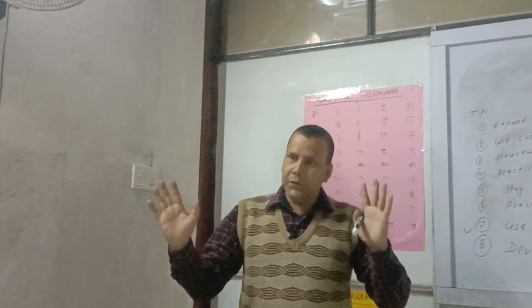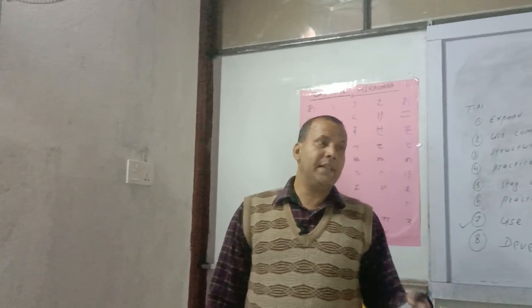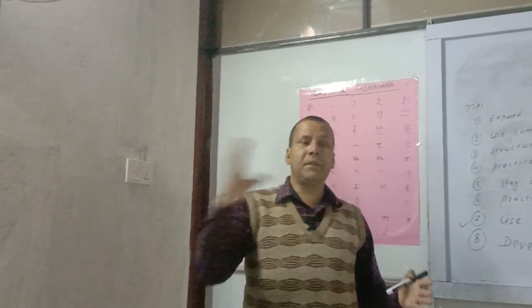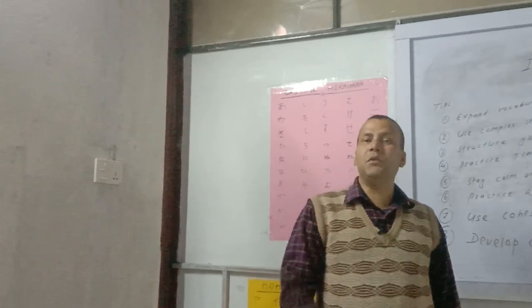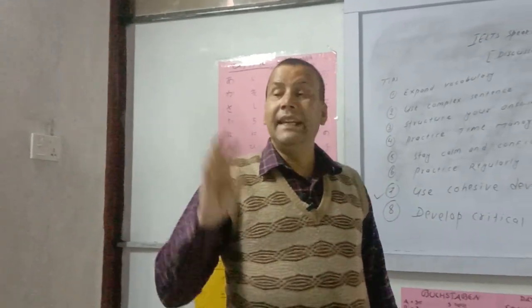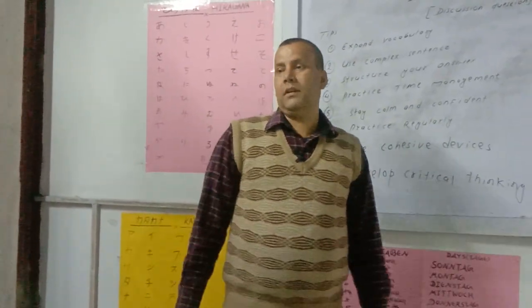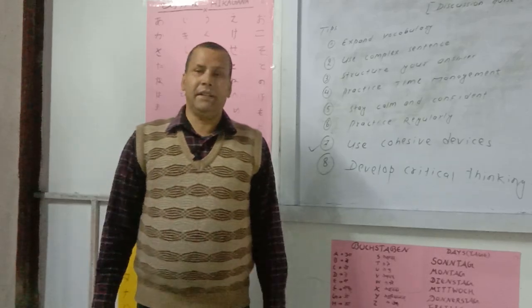You can use moreover, in addition to, furthermore, likewise, what is more. To support the previous statement, you have to use linking words like moreover. Next, in addition, what is more, likewise, similarly.